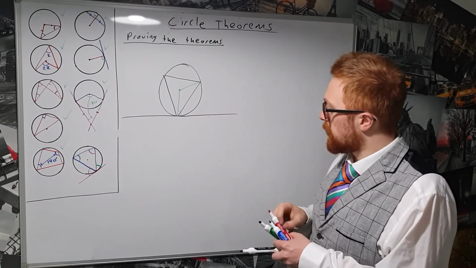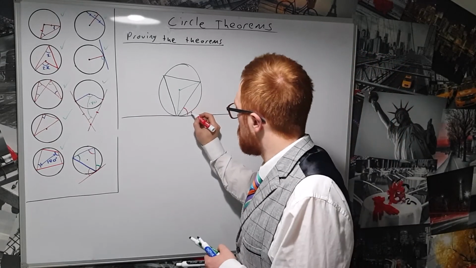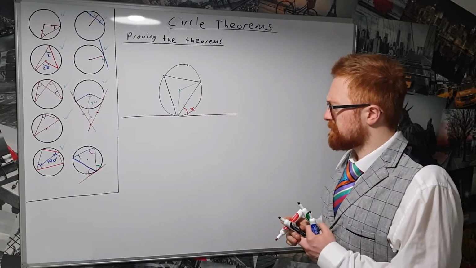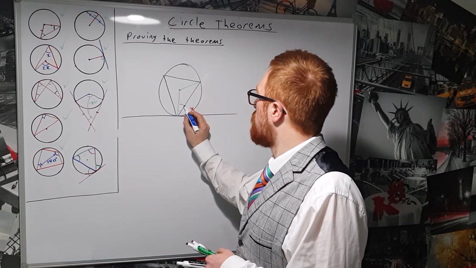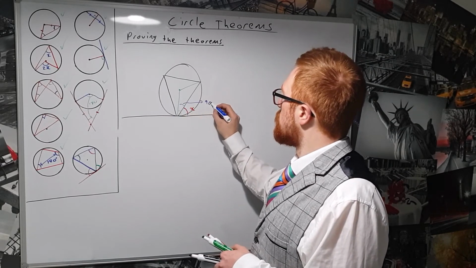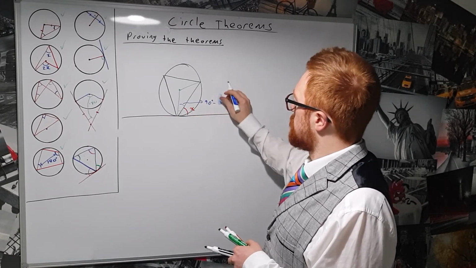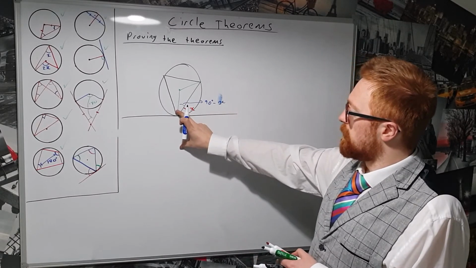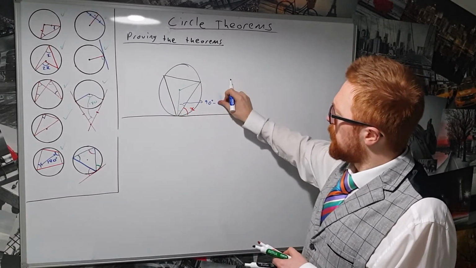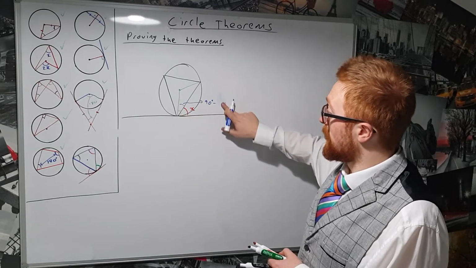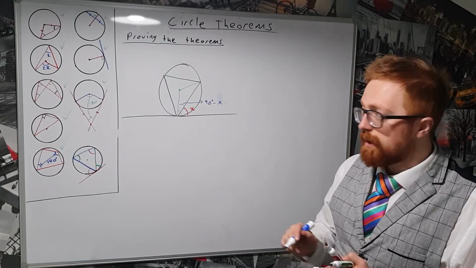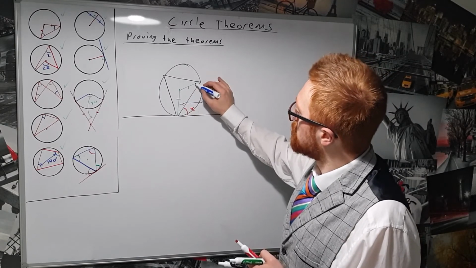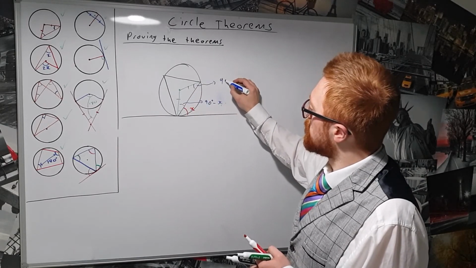Okay, so let's call this angle here x. Well, we know that this blue angle is 90 degrees minus x, because the green angle is 90 degrees and this blue angle and this red angle exactly equal that green angle, so we get 90 minus x. Now these are two radii, so I know that this angle is also 90 minus x.